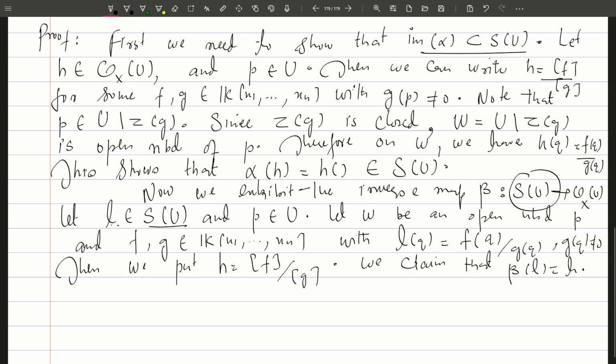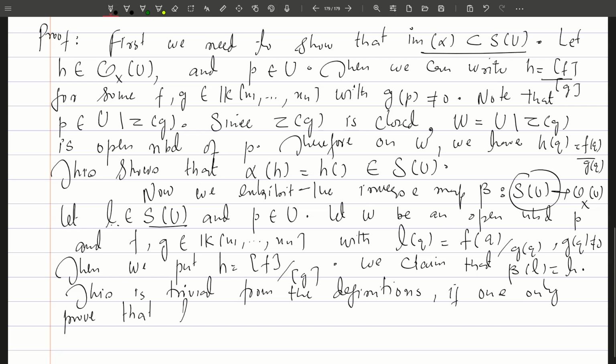One should know that it is well defined. It is well defined because it is independent of the choice of the elements F and G. This is trivial from the definitions of S of U and O sub X of U. For this beta to be a well-defined function, this H has to be independent of the representatives of these two classes.